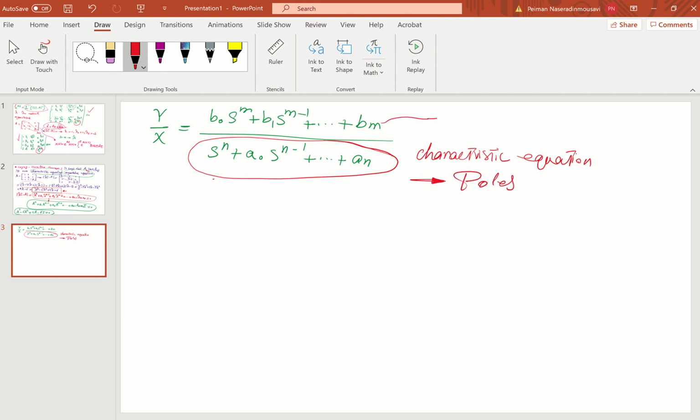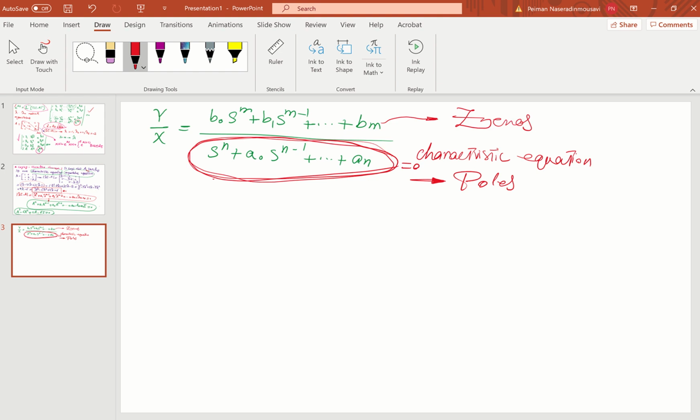The roots of the numerator were the system zeros, if you remember. But here it gives you the system poles. That's why we name it the characteristic equation. Because this is the internal dynamics of the system. We want to see how the system behaves by itself. This is undergraduate control, okay.